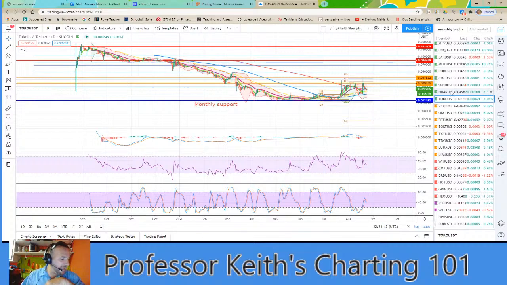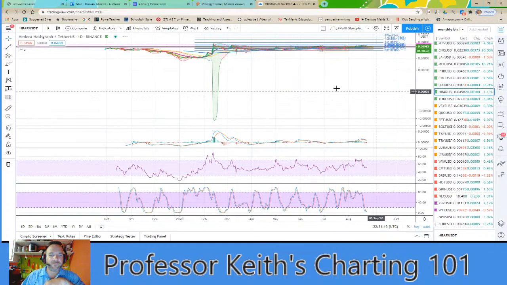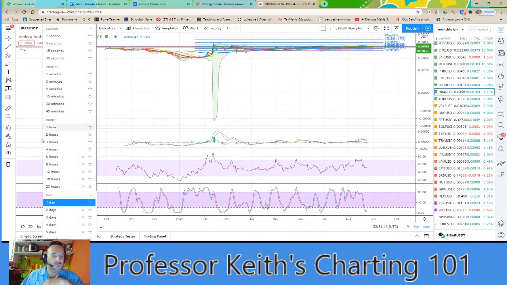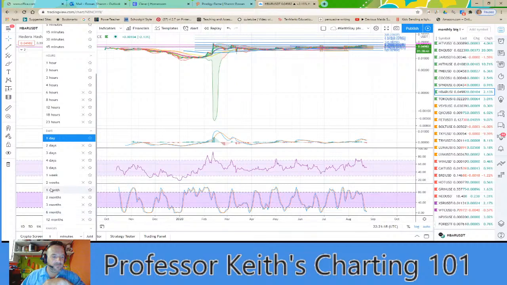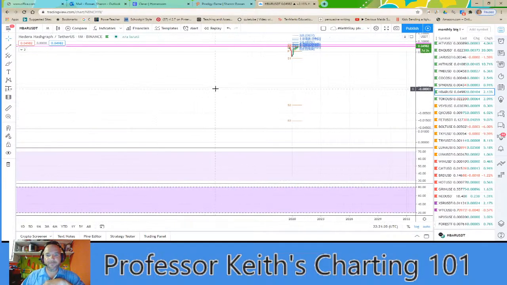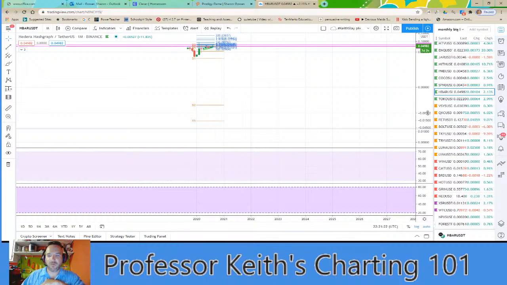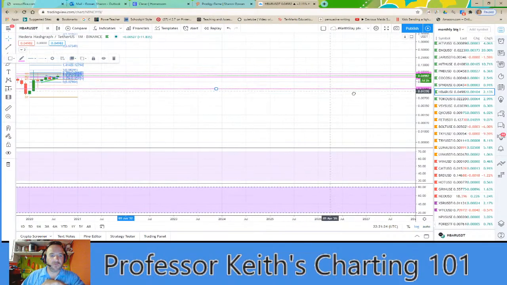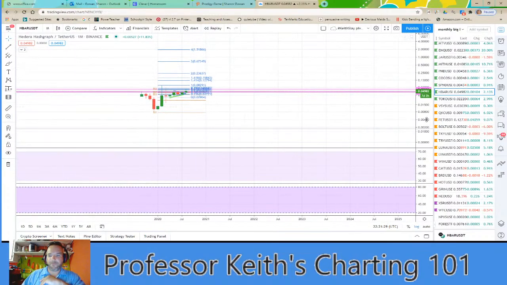H bar. Everybody needs to add H bar because it was a 1. Yeah. And basically the same chart was on TradingView that was on CoinTrader.